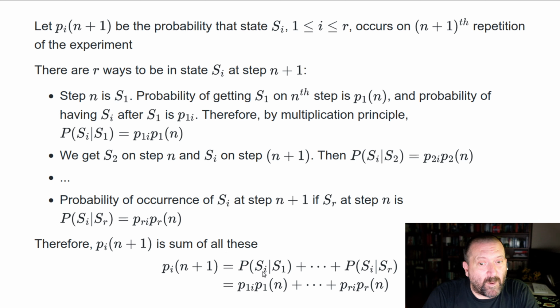It's the probability that I'm in state i given I was in state 1, or I was in state 2 and I moved to state i, or I was in state R, the last state, and I moved to state i. And so the probability of being in state i at time n plus 1 is simply this sum here.